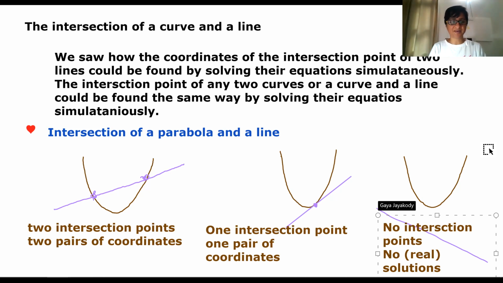Do you remember how to do that? Before you even complete the solving process, there is a way to predict, this is going to have two solutions, or one solution, or no solutions. You remember how we can do that? We learned this in quadratics.